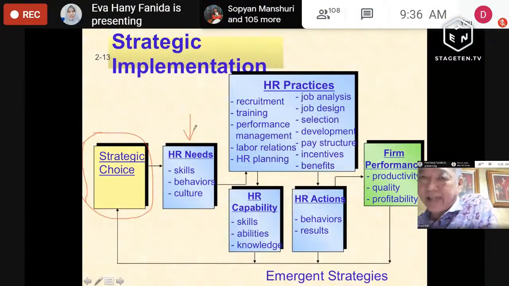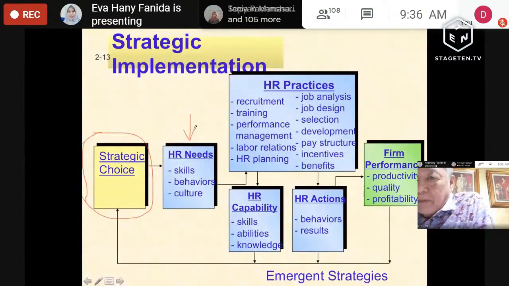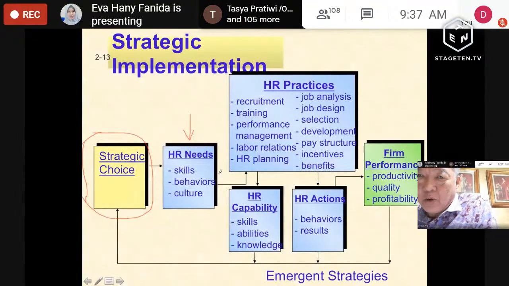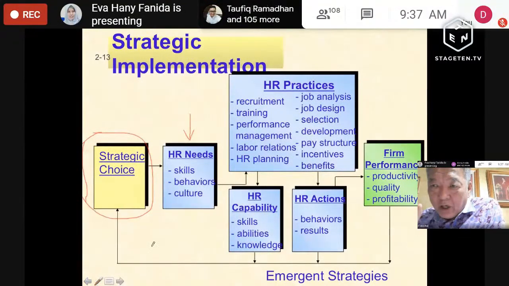There are so many strategies in business. We don't know exactly right now what kind of strategy we are going to employ. I will tell you later.